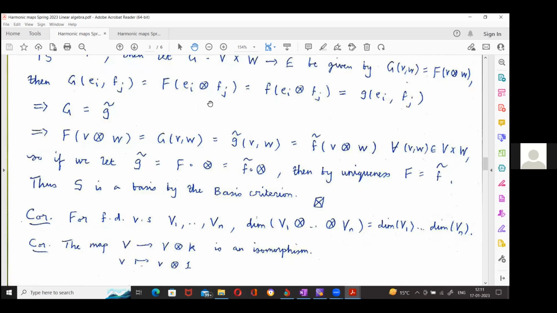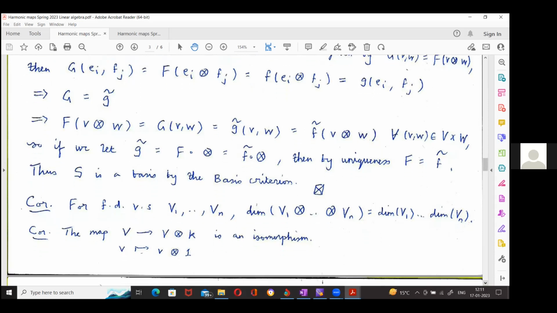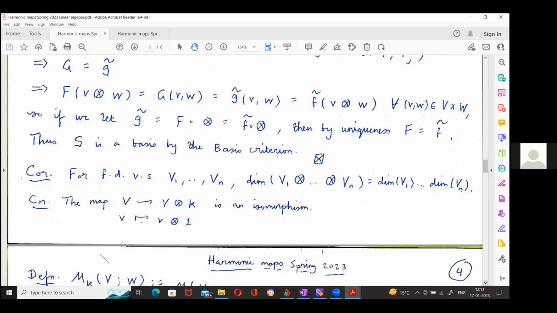And by the above proposition, e_i tensor 1 is a basis of V tensor K, because 1 is a basis of K. So any basis goes to a basis, so this map is an isomorphism. Is that okay? Any questions?